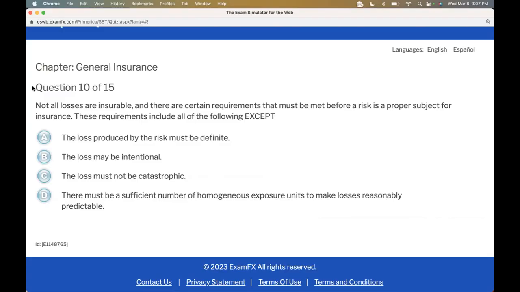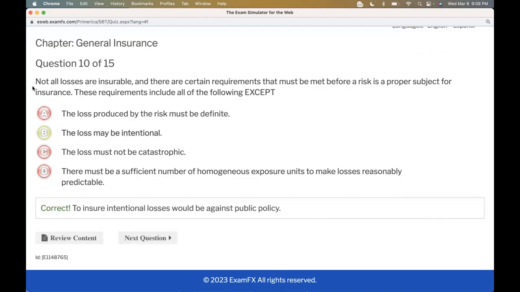The loss produced by the risk must be definite? Yes. The loss must be intentional? No. The loss must not be catastrophic? Yes. There must be a sufficient number of homogeneous exposures, the law of large numbers? Yeah. So the answer is B here based on process of elimination. The loss must not be intentional.